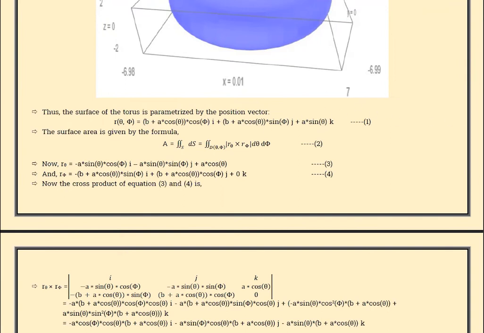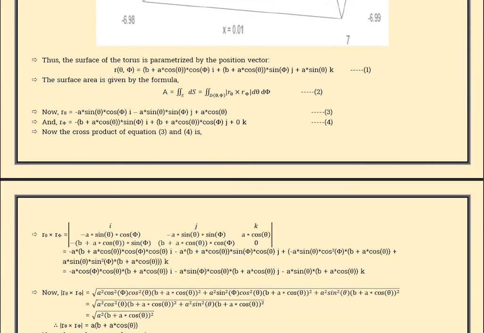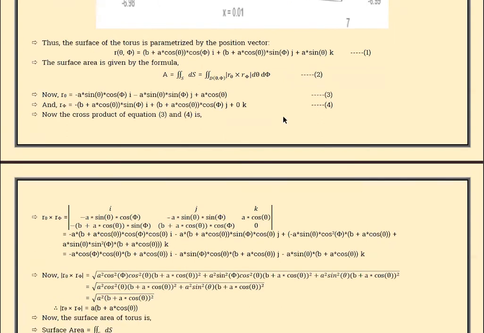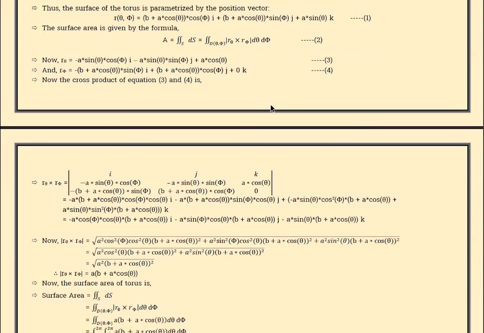So now the surface area of the parametric equation is equal to the double integral over the region of (θ, φ) of the modulus of r_θ cross r_φ dθ dφ. Now r_θ is given as follows and r_φ is given as follows.